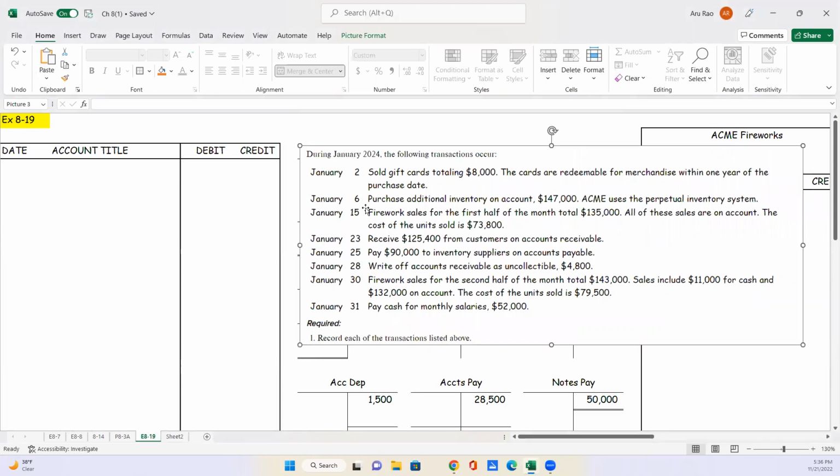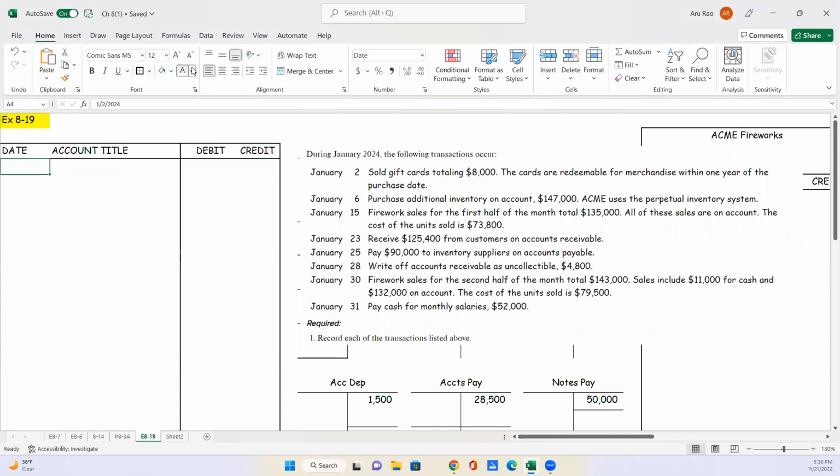Okay, let's get started. On the 2nd of January, I sold gift cards totaling $8,000. These gift cards are redeemable for inventory within 1 year of the purchase. So what it means is, on this date, January 2nd, I received cash from customers. But this is not a sale. I've sold gift cards. But what happens with these gift cards?